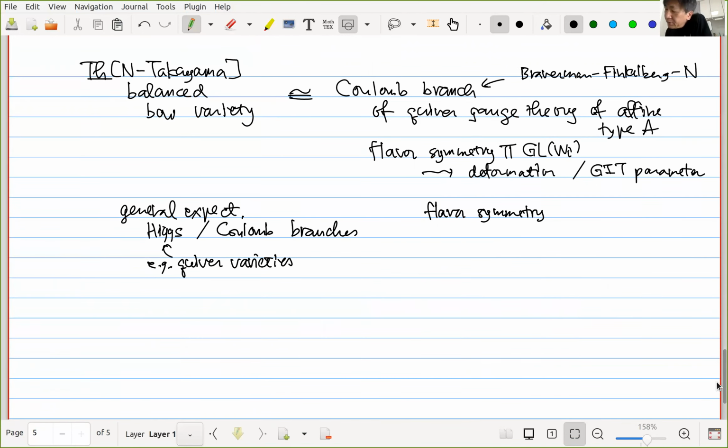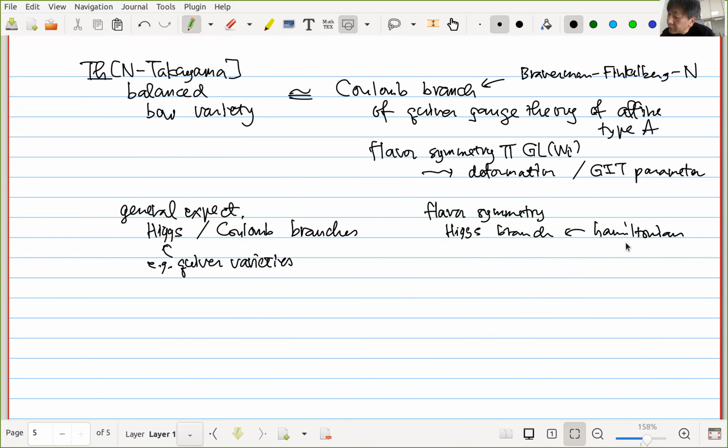But once you have flavor symmetry, on the Higgs branch you have the Hamiltonian action, because I only take the quotient by the gauge group, the product of general linear groups of the V_i's, so the flavor symmetry group acts on the quotient space.